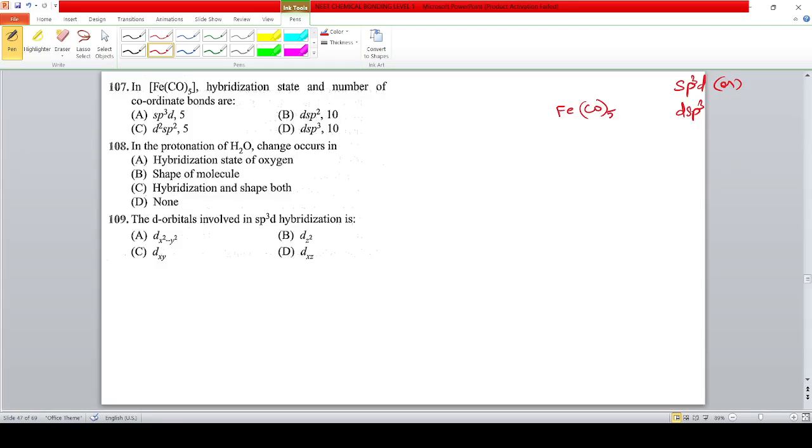Right. So Fe(CO)5: iron has 26 electrons, 4s2 3d6 4p0. Iron is combining with CO. We will see this in coordination compounds, but CO is a very strong field ligand. So what happens now? Look here. This is the s orbital.